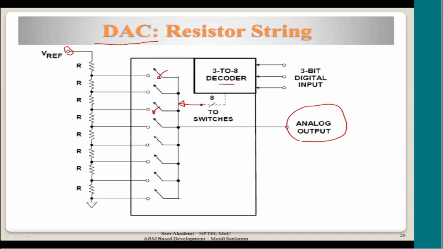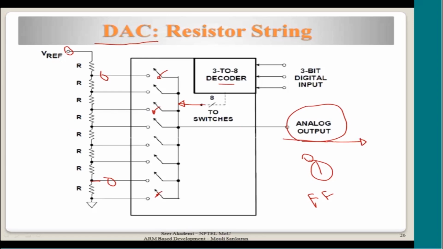You can configure 8-bit, meaning 00 to FF, any value. So based on the value, if it is 1, maybe you say that it is closed, or if it is 0, it is open. Once you do that, you can close multiple switches. Maybe this and this are closed. So it will sample different voltage values based on which is connected, and then it will add them up and generate an output.